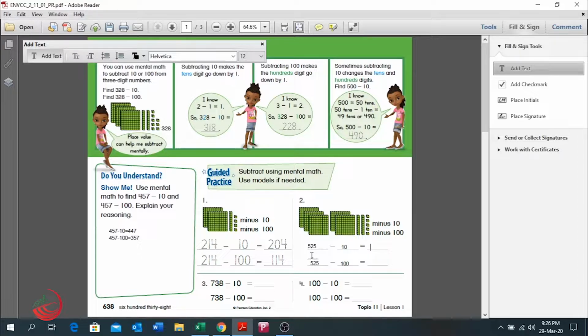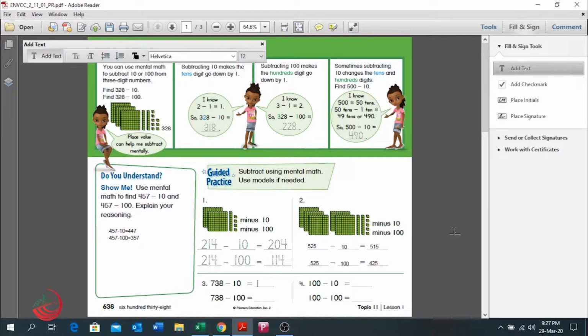We're going to subtract the tens digit, which is the 2. 2 minus 1 equals 1. 515. 525 minus 100. We're going to subtract the hundreds digit, which is this 5. 425, like that. 525 minus 100 equals 425.